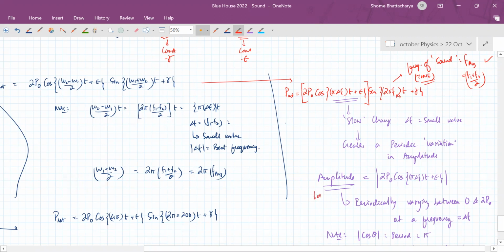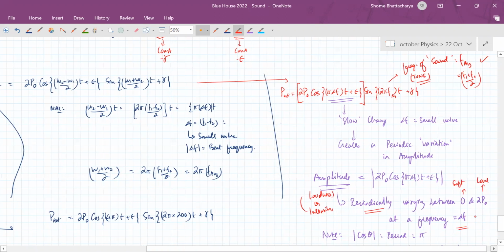So the amplitude or loudness or intensity of the sound that you are hearing is periodically varying between very soft sound to comparatively loud sound at a frequency equal to this. That's why this is called the beat frequency.